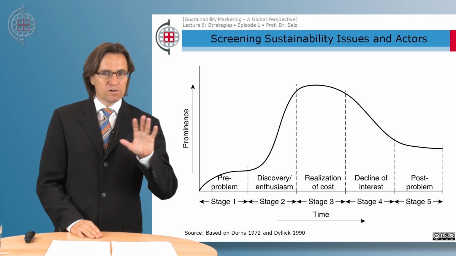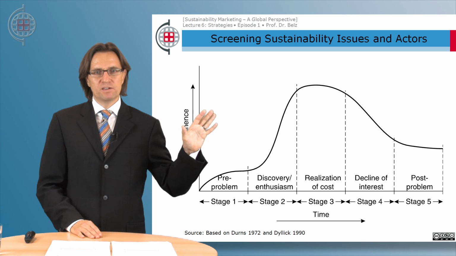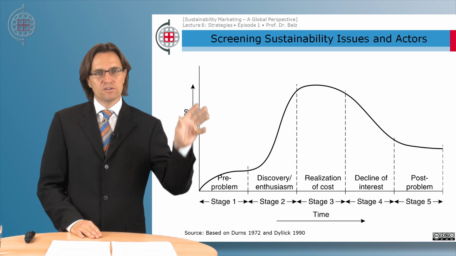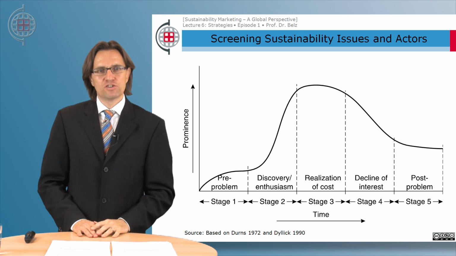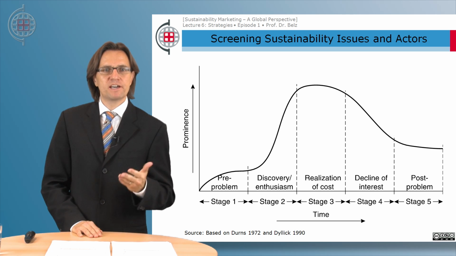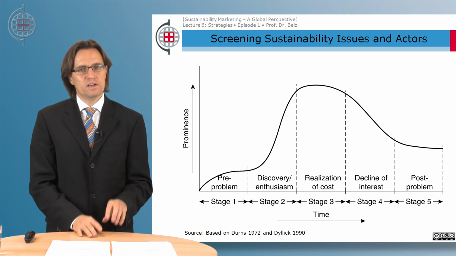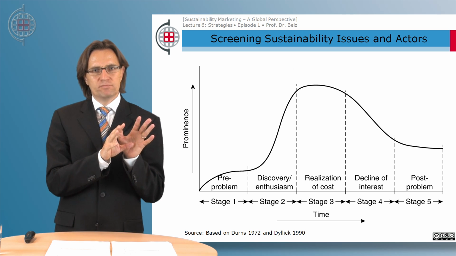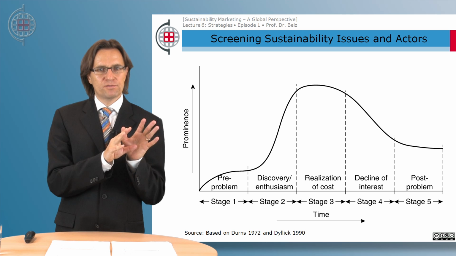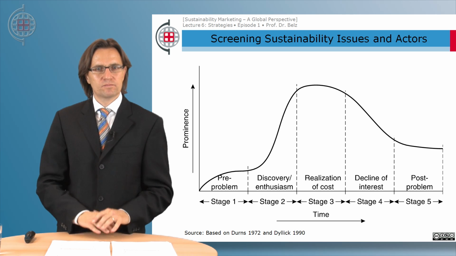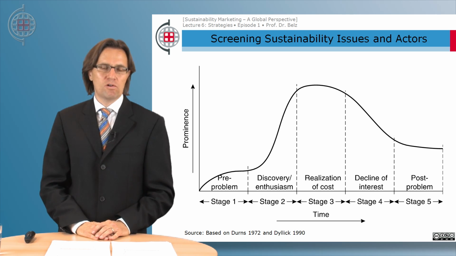On the horizontal axis, we see the time and different stages, and on the vertical dimension, we see the prominence, the attention which is attached to the different kinds of social and environmental issues. As you can see, every problem or issue runs through different stages according to the empirical studies.